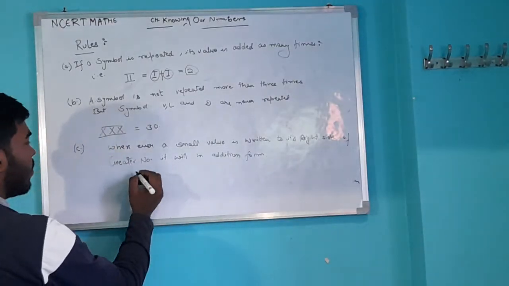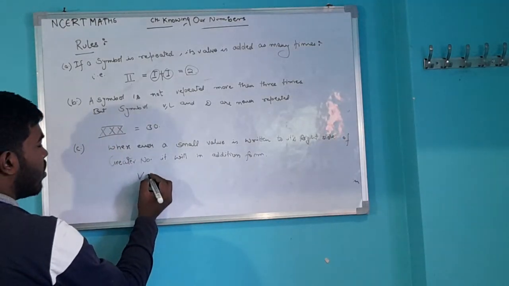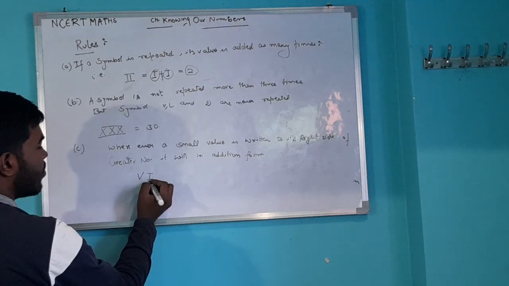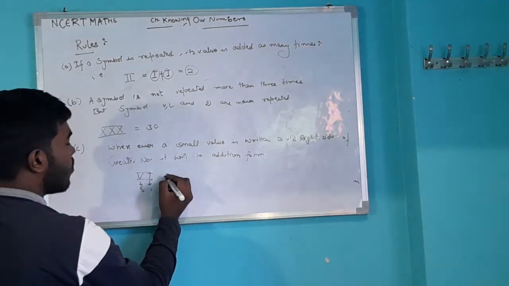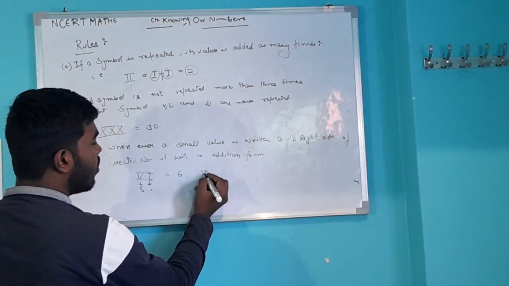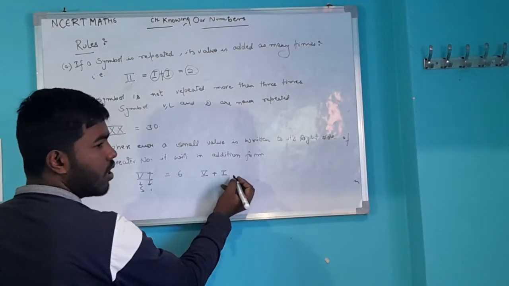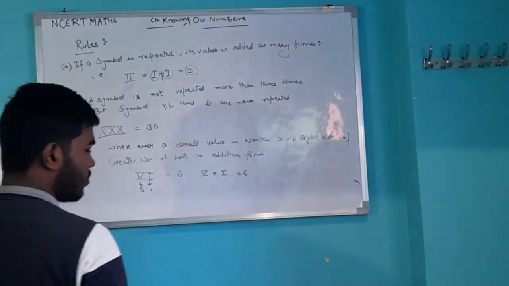Like, this is a greater value than 1. This is the symbol for 1 and this is the symbol for 5. Then this is formed as 6. Here 1 is added to 5. We get 6.